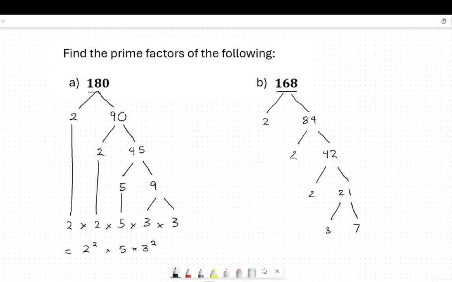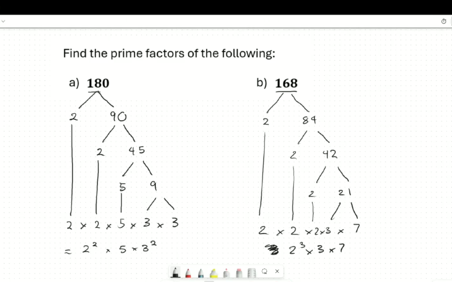So in the end, if we bring every one of these down, we end up with 2 times 2 times 2 times 3 times 7, or 2 to the power of 3 times 3 times 7.